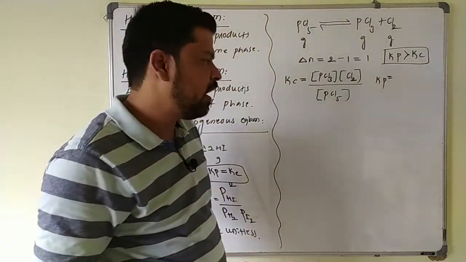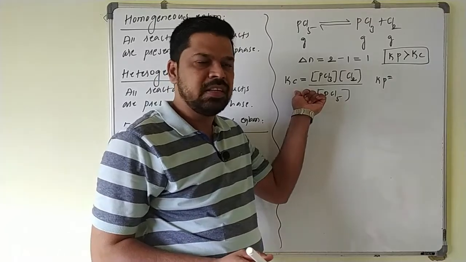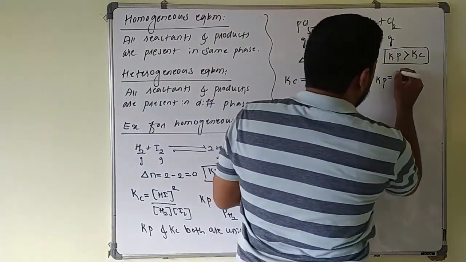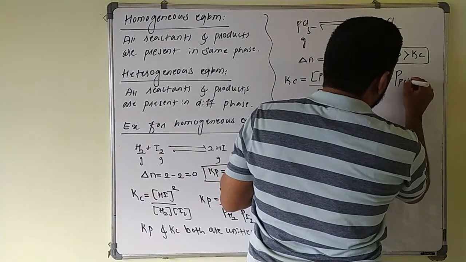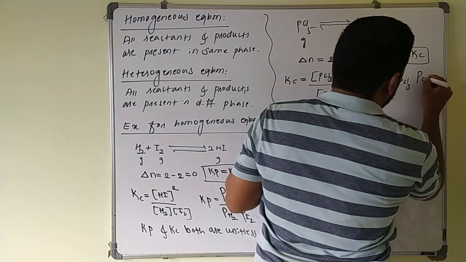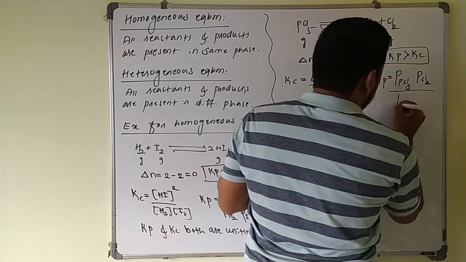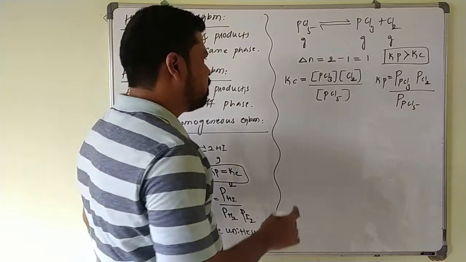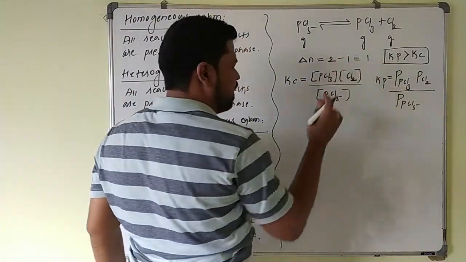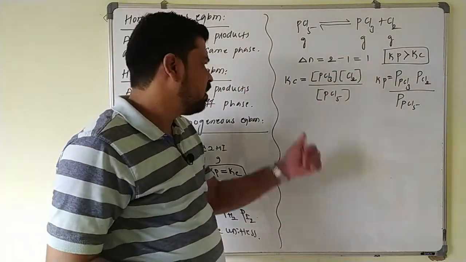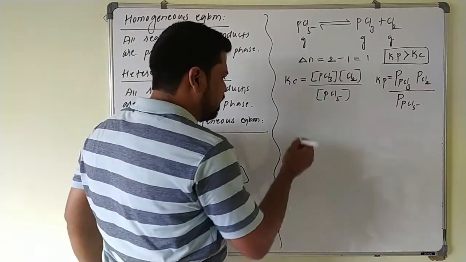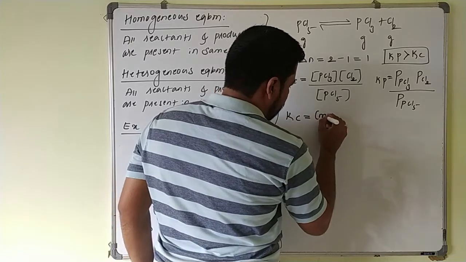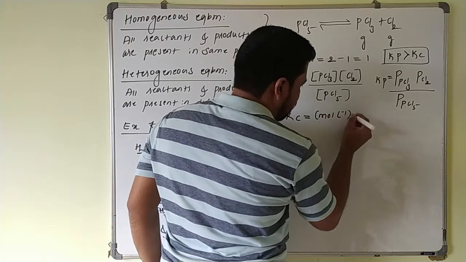Simply, for writing the equilibrium constant expression, you take product divided by reactant. So what is the unit of Kc and Kp here? Since delta n is 1, which is positive, Kc and Kp have units. Kc will be mole per liter whole power delta n.